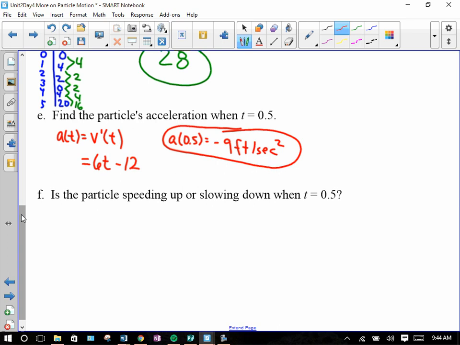We have to know the sign of the acceleration and the sign of the velocity. The acceleration at 0.5 is negative, so we need to find v of 0.5.